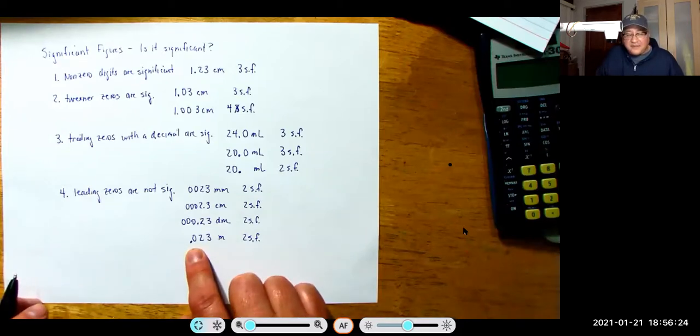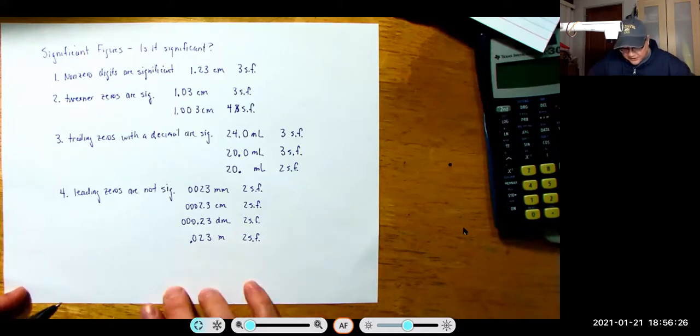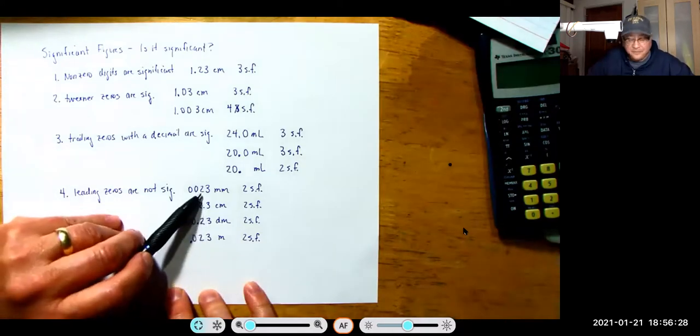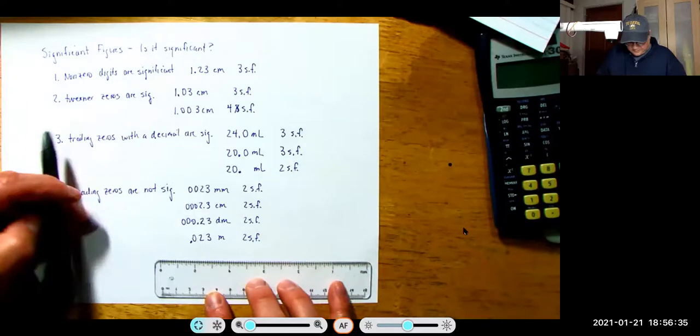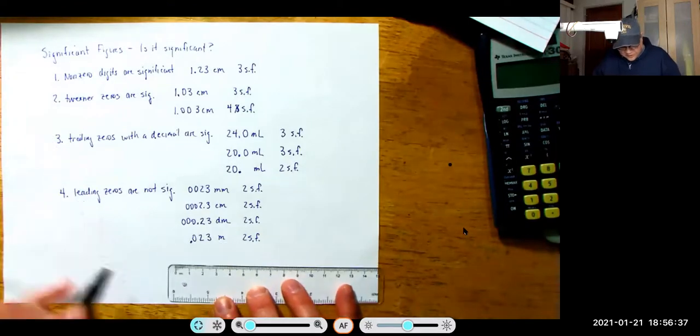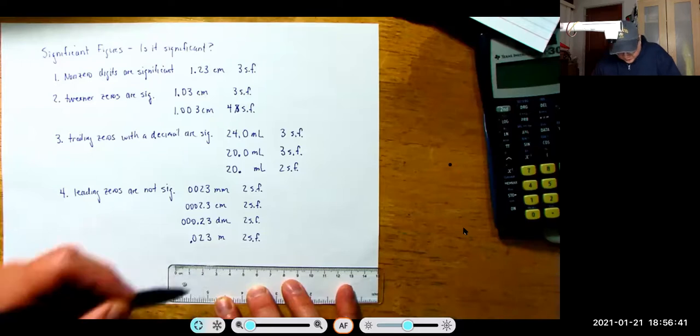Let me give you a little bit of an explanation. Do you see this number, 23 millimeters? 23 millimeters on this ruler is from here to the 1 to the 2, and it's to right here.